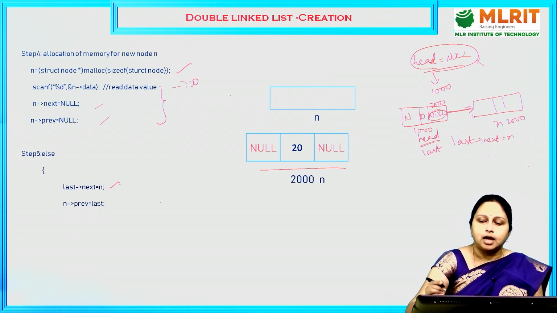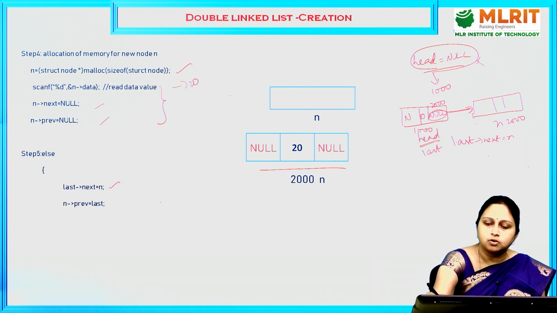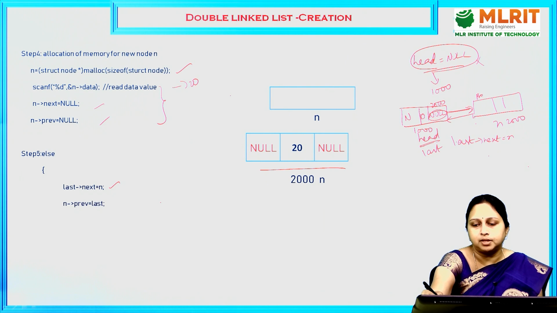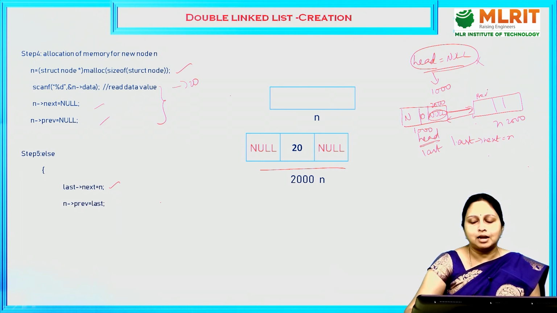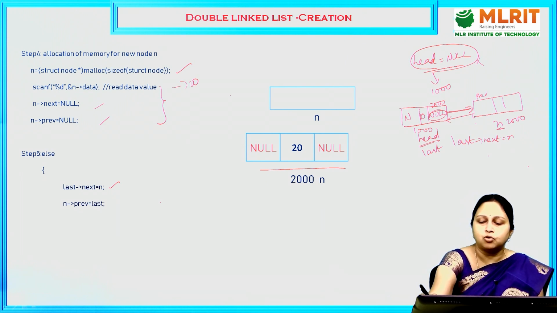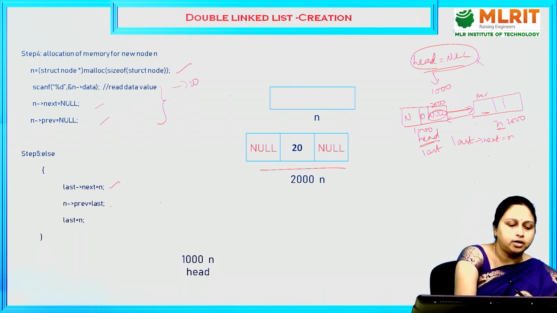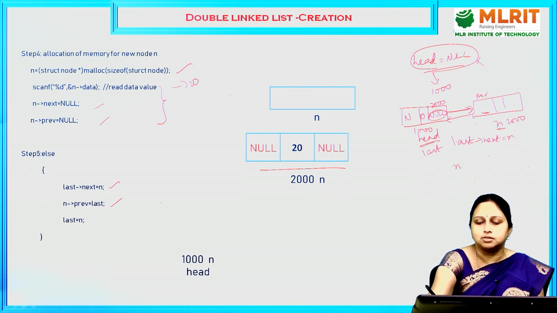Next, at the same time we need to make the previous connection also. This part is called previous, right. So n arrow previous, where n is the name of the node and this location is previous: n arrow previous equal to last.